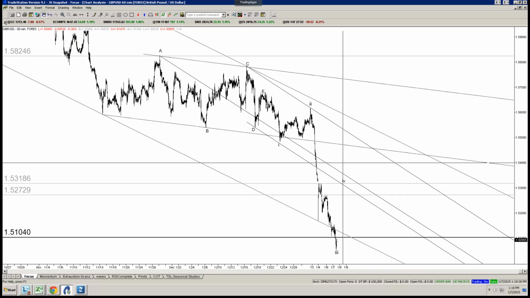Looking at the pound dollar, we've been following this running triangle for most of the last month and a half, I think. Remember, I put up the idea of selling 156.07. Obviously, I didn't put that in as an official trade because it was going right into the very end of the year.